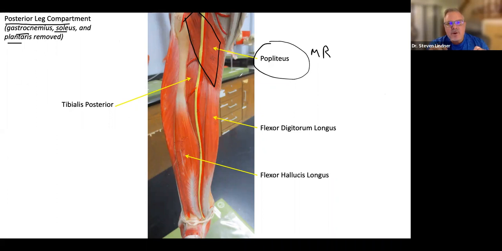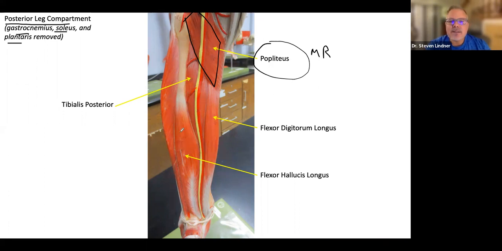By medially rotating it, it unlocks the knee and you can now flex the knee. So the popliteus is the key that unlocks the knee. How does it do that? It initially medially rotates the tibia just a little bit to initiate the unlocking mechanism that allows the knee to flex. Okay, that's the popliteus.